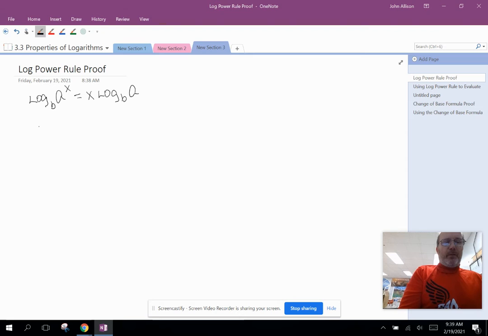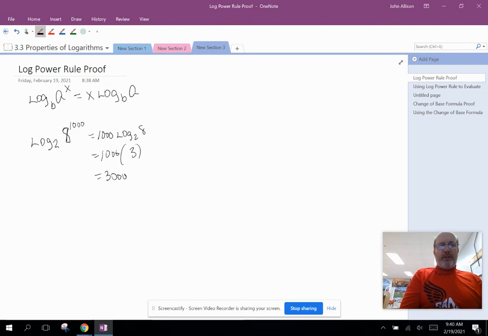So, in other words, if we had log base 2 of 8 to the 1,000th power, it'll be easy to evaluate here. This says that we can bring the 1,000 out front and multiply that times log base 2 of 8, and log base 2 of 8 is just 3, so this equals 3,000.